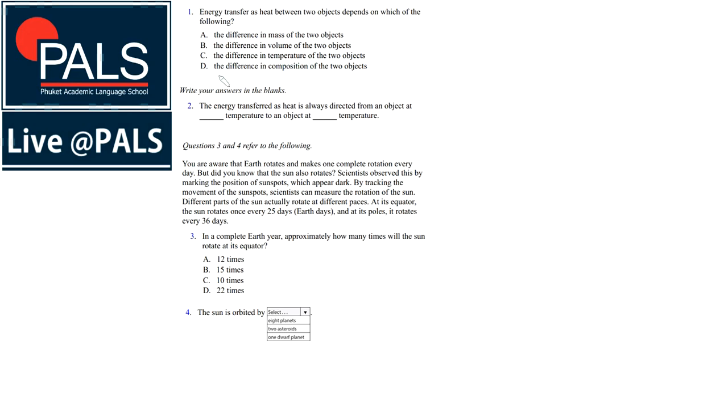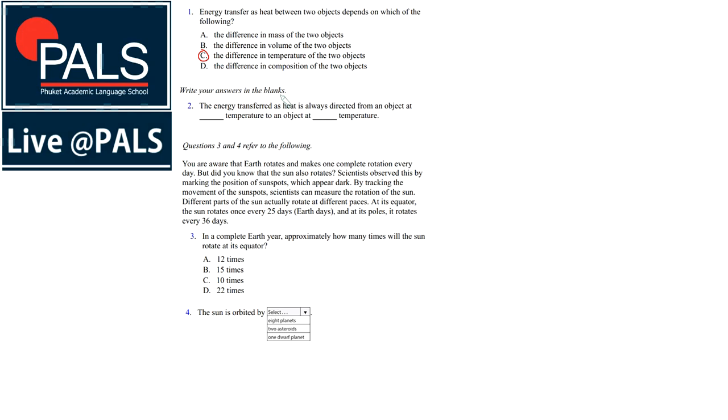Now the correct answer here is C, because heat always flows from higher to lower temperature. Mass or volume don't really have anything to do with the direction of the transfer of heat from one place to another, so it's always from high to low temperature.